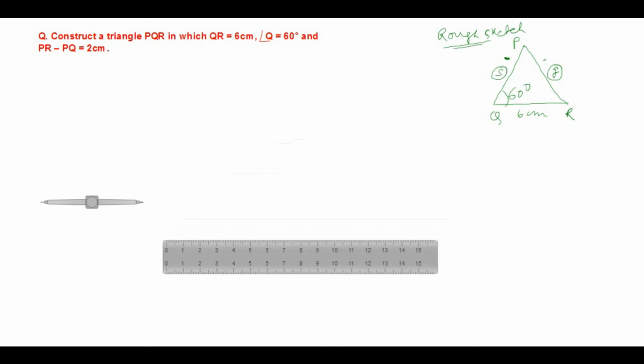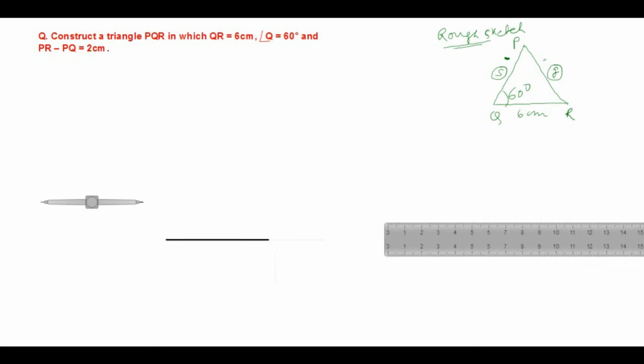So what do we have to do first? First you have to draw QR 6 centimeter. So from here we draw a line 6 centimeter. This length is your QR.